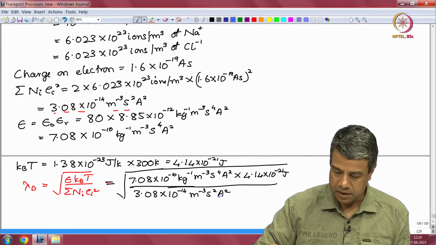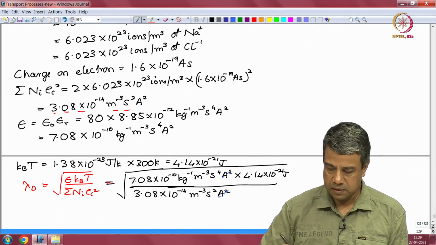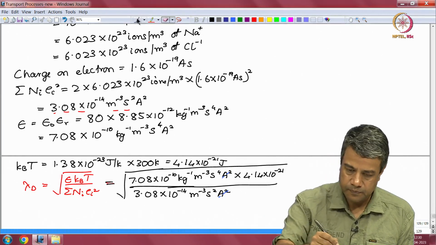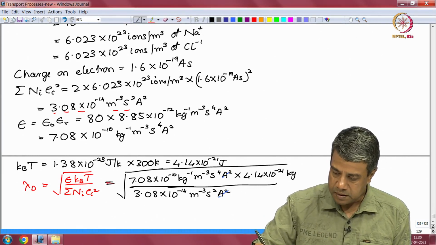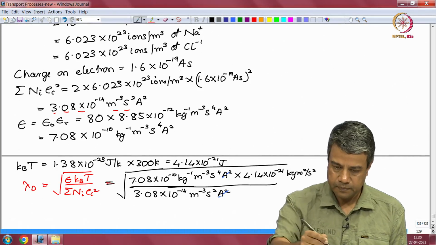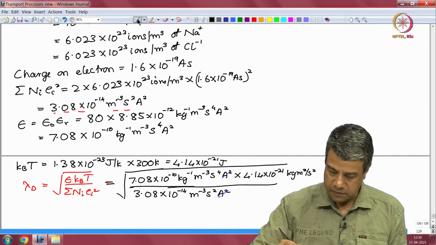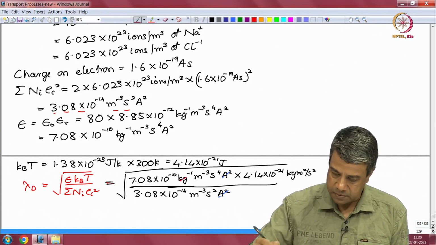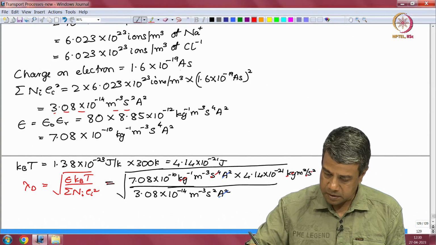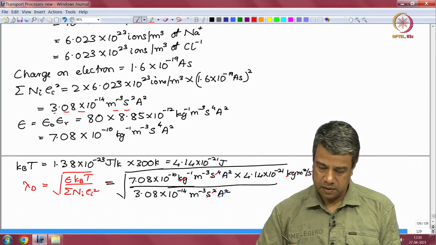You can just do a quick dimensional check, angstroms will cancel out. Joules is kg meter square per second square. Therefore, the units of kg will cancel out here. Second power 4 per second square will cancel out.